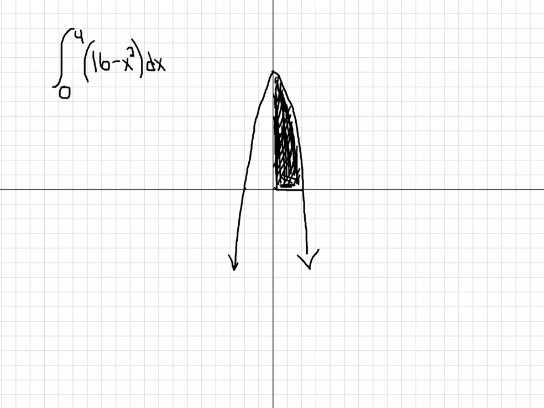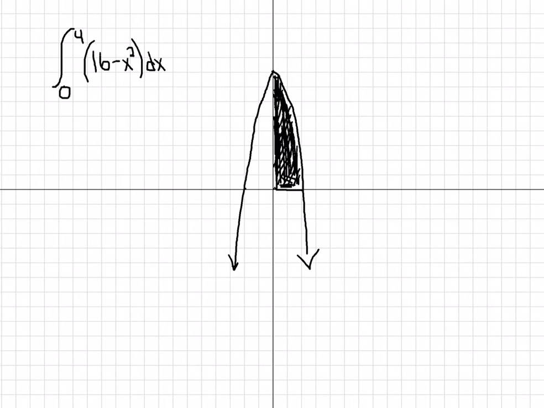Here is the graph. Now, let's use our calculator, or graphing utility, to figure out the area underneath the curve. So I go to math, I go to number 9, I punch in 16 minus x squared, comma, x, comma, 0, comma, 4.